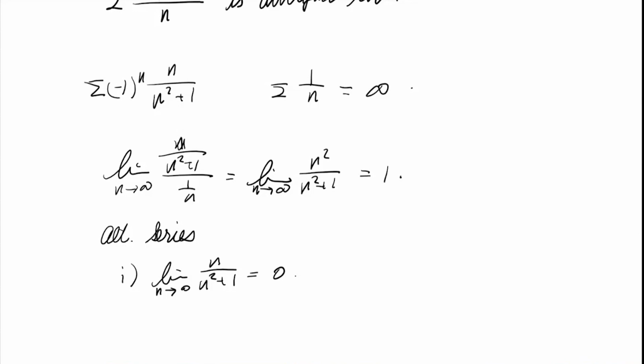This will converge. It will pass the second part as well. So at the end, we say this is conditional. Oh, okay. Thank you. Wow, that was a good question.